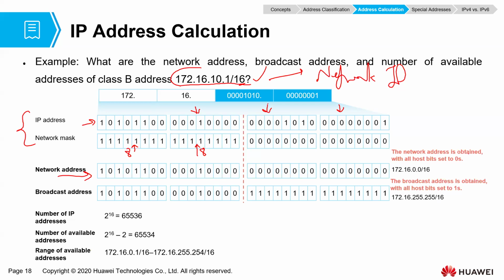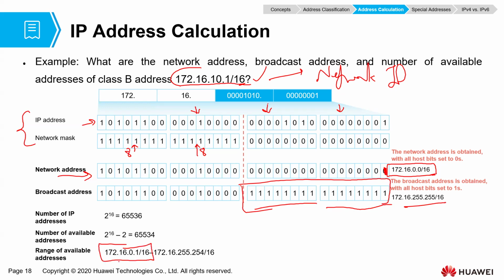What is this value? It is 172.16.0.0/16. To get my broadcast ID, all ones in the host portion. If I put all ones, this is the value I get. That is my broadcast. And to find the range of IP addresses that are available, I start with a 1 here. That gives me this value here, 172.16.0.1.